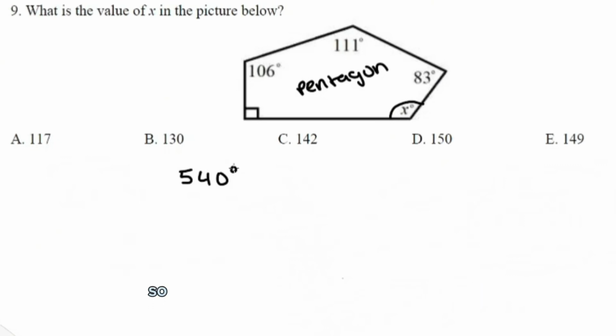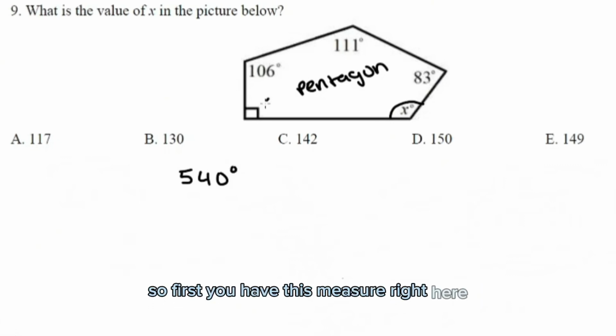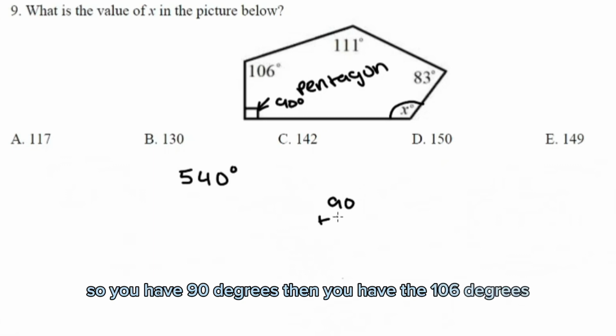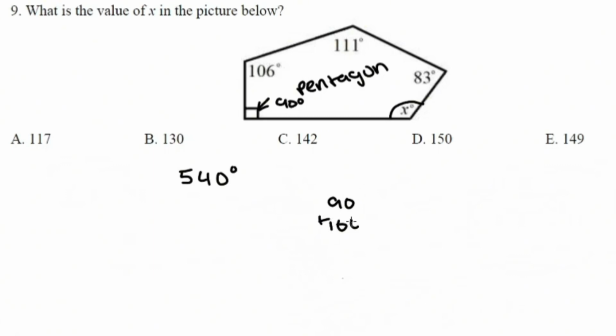Alright, so first you have this measure right here. This is a right angle, meaning it's 90 degrees. Alright, so you have 90 degrees. Then you have the 106 degrees. Then you have 111 degrees. Then you have 83 degrees.